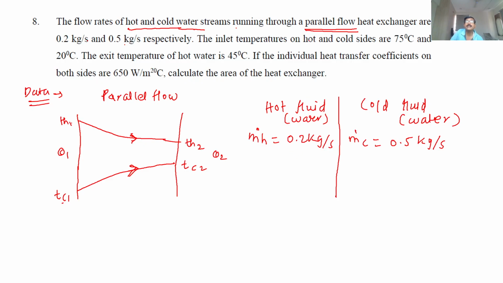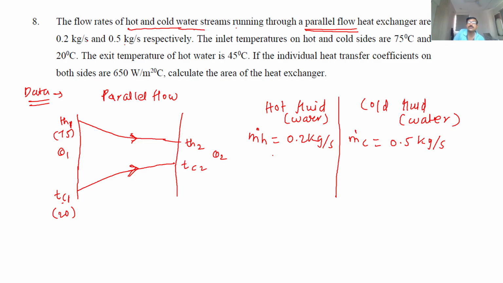Next, the inlet temperatures of the hot and cold sides are 75 and 20 degrees Celsius. Inlet means 1, and outlet means 2. Hot means H and cold means C. So inlet means 1: TH1 and TC1.